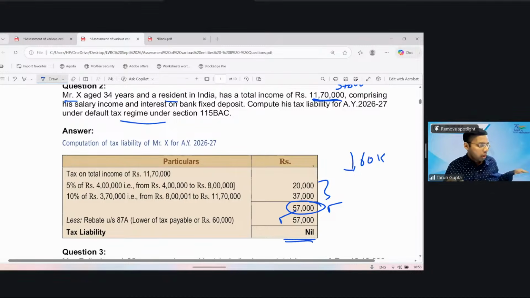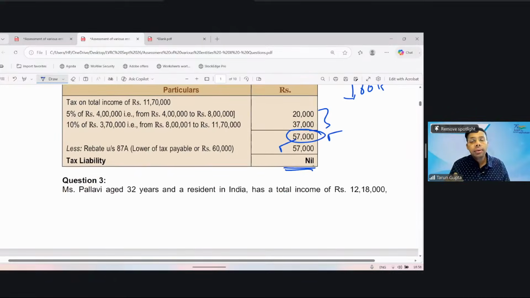So I told you, in case of the new regime, there is no tax liability up to rupees 12 lakh, except in a situation where you have a special income. And if you have a special income, rebate is not available from special income, and therefore tax liability cannot be nil.